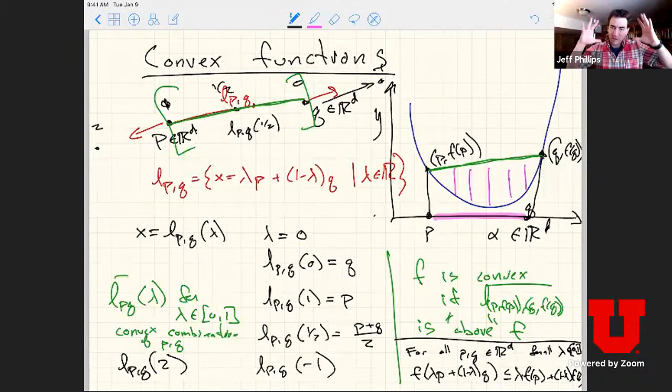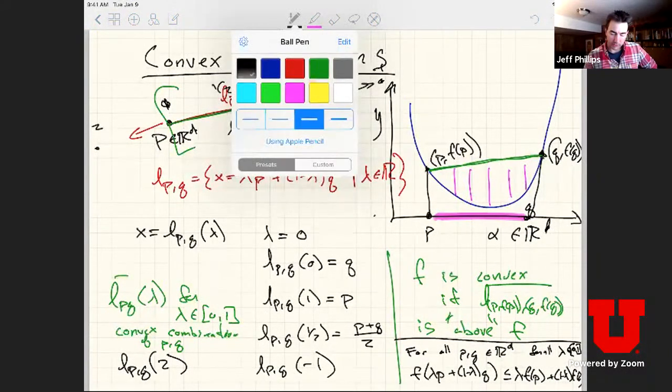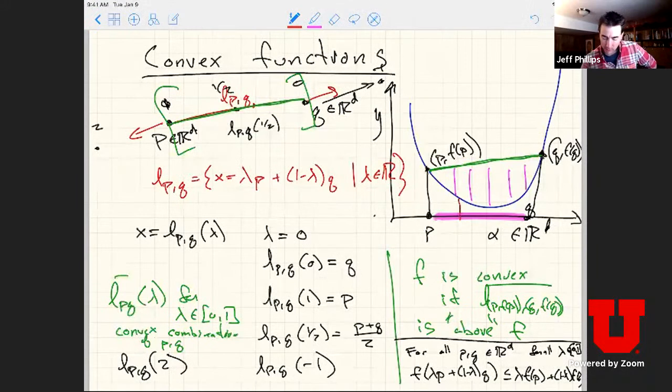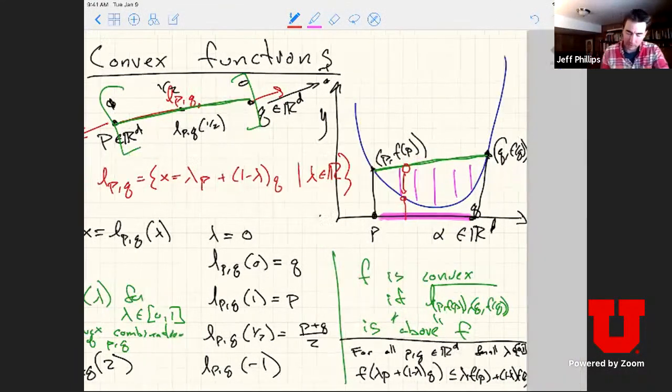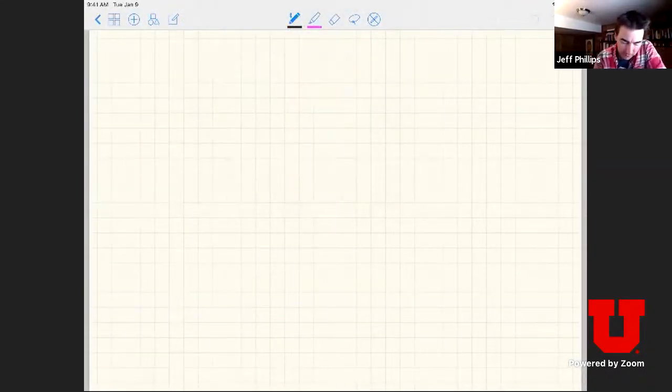But now while it's all together, if I look at this pink highlighted region between P and Q on the x-axis, for each one of these points, when I evaluate the function value, it's below the line segment between them in the D plus 1 dimensional space. So I'm going to rewrite this on the next page and redraw this picture.